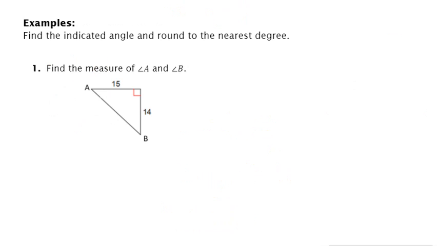For example 1 and 2, we're basically doing the same thing. The first one's asking for the measure of angle A, and then we're also going to find the measure of angle B as well. If I start with A and label everything out, I have an opposite and an adjacent. So the trig ratio I'm going to use is tangent.